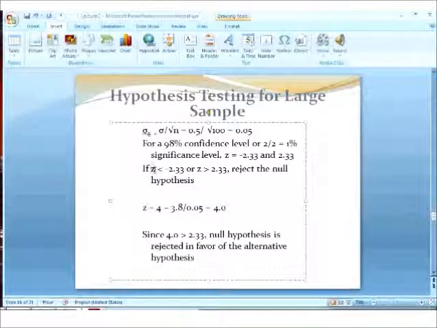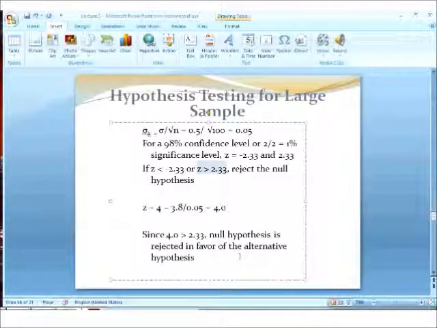If the computed z-value is less than minus 2.33, or greater than positive 2.33, we reject the null hypothesis. So the z-value is 4, which is greater than 2.33. So we reject the null hypothesis in favor of the alternative hypothesis.